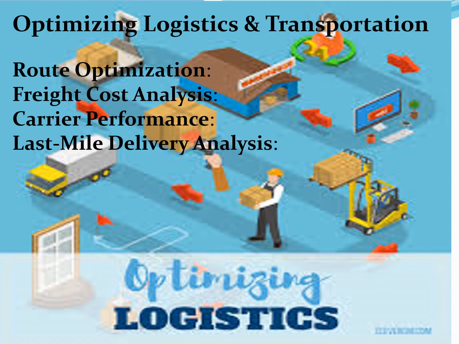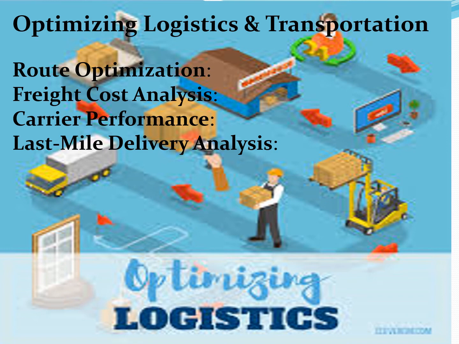Another very important area in supply chain management is the logistics and transportation, where supply chain analysts try to optimize logistics and transportation by optimizing routes, analyzing the freight costs, and carriers' performance, and then finally last mile delivery analysis.